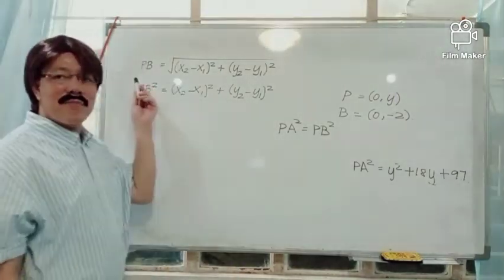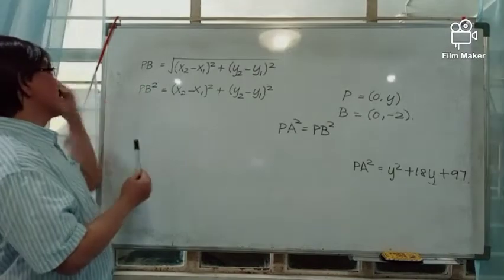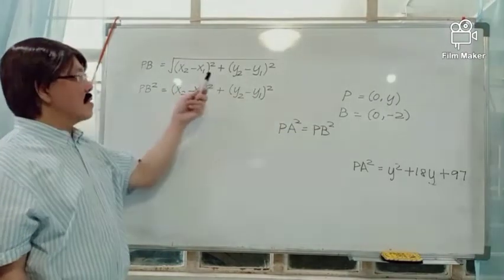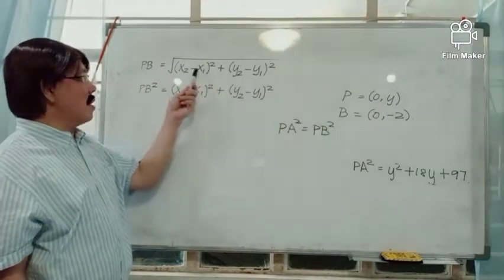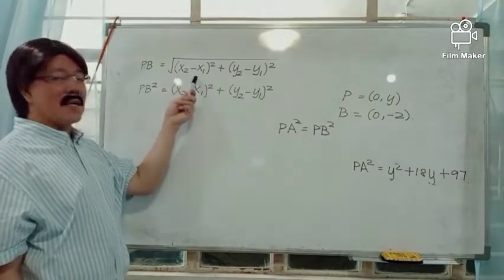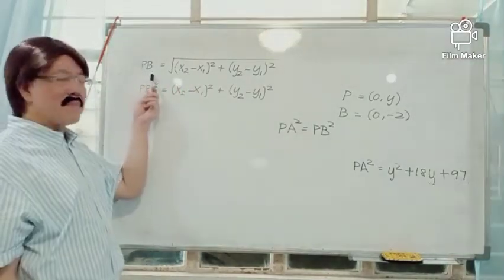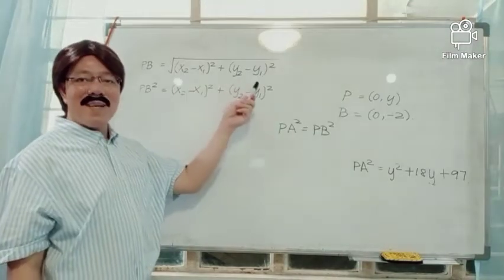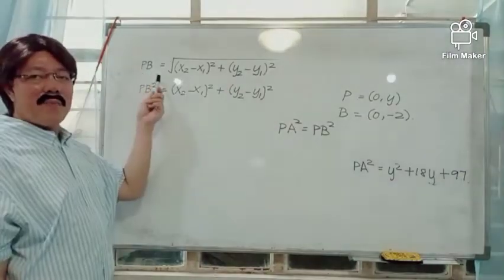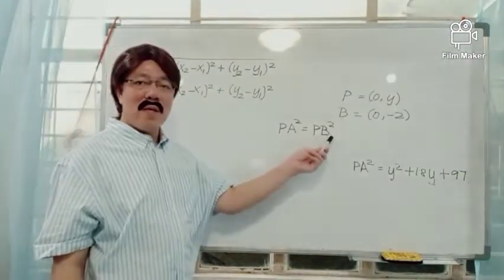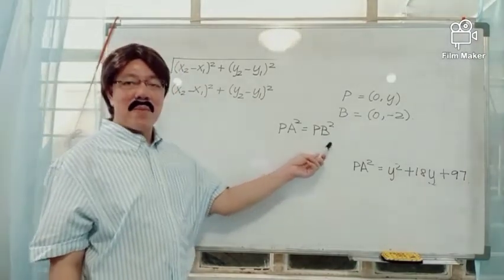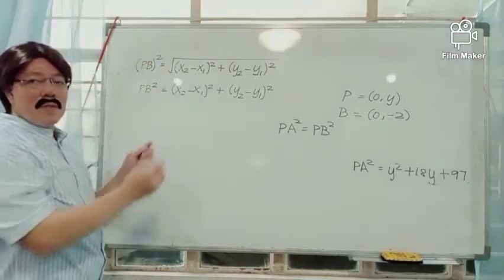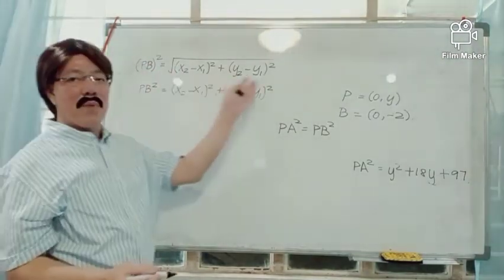And by distance formula, the distance between the points P and B is given by the principal root of the sum of the square of the difference between the abscissas of these points P and B and the square of the difference between the ordinates of these points P and B. Since we want the square of the distance between the points P and B, we take the square of the left side and the square of the right hand side.